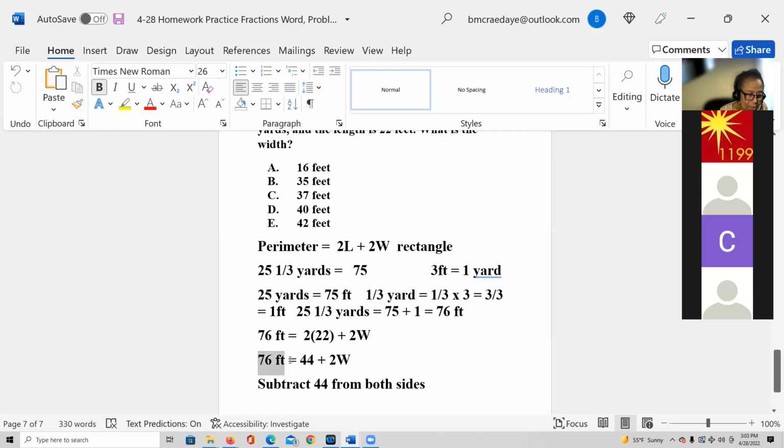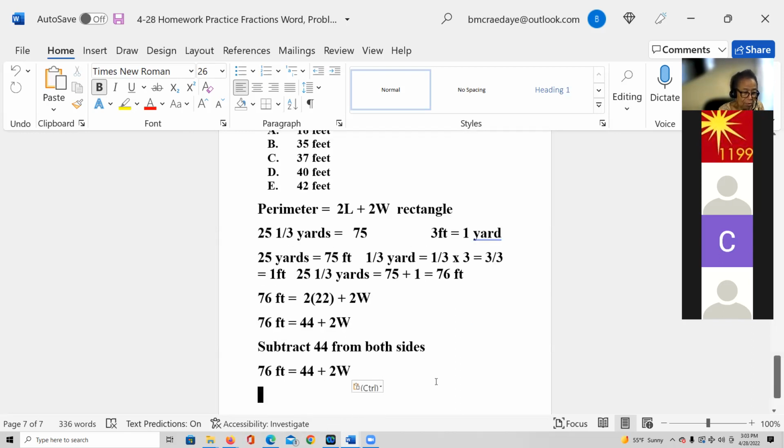So what this will look like, let me just put here, then put the minus 44. Okay, so we want to subtract our 44 from both sides. So let's just put that there. Subtract 44 on the left side and on the right side. So this will be minus 44 and minus 44.